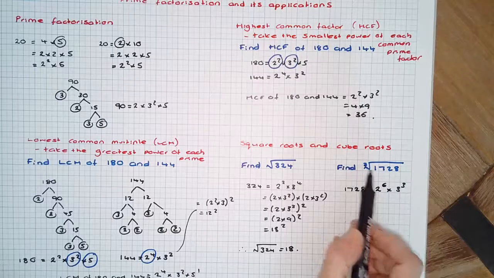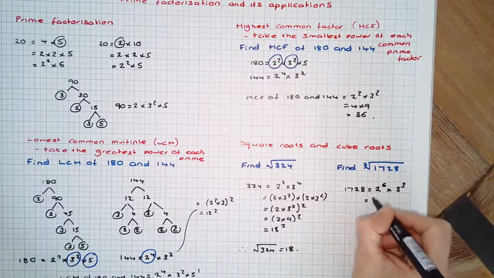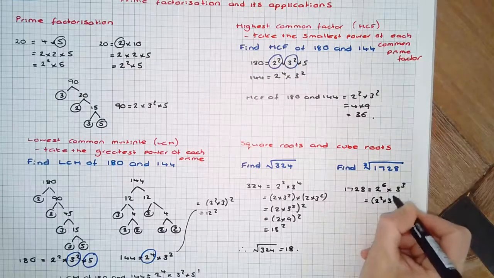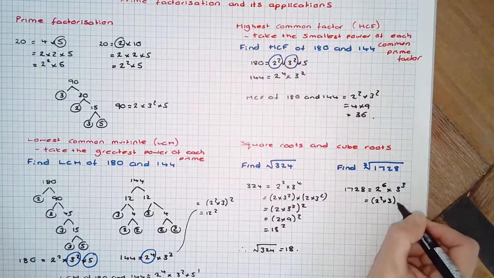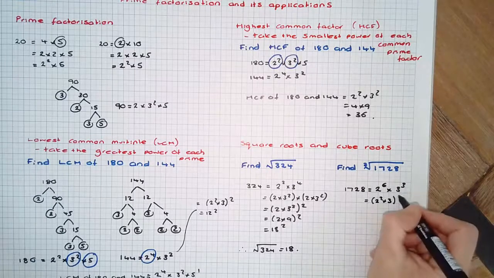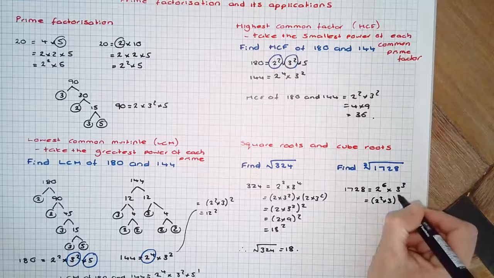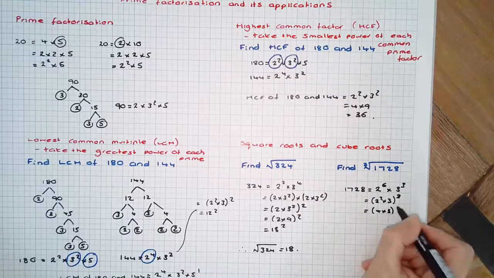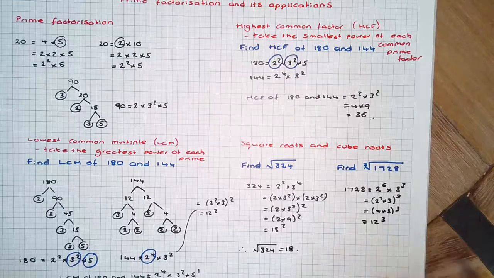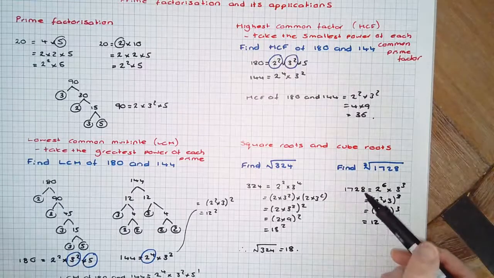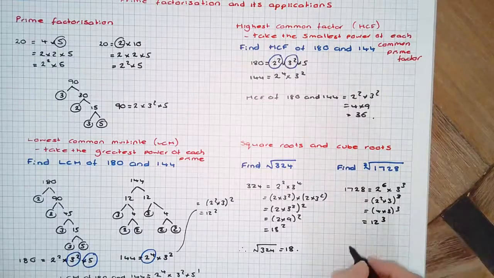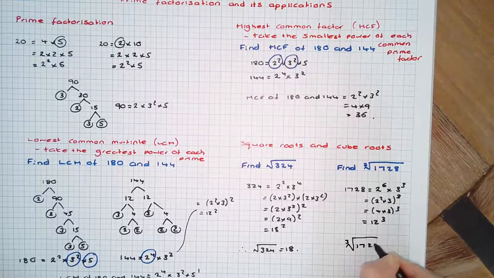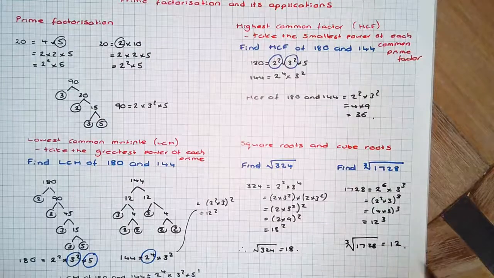So we could write it as 2 squared times 3 times 2 squared times 3 times 2 squared times 3. I've run out of room here, so I'm just going to write it as 2 squared times 3 cubed. That is 4 times 3 cubed, which is 12 cubed. Knowing that 1,728 is 12 cubed, we can then write the cube root of 1,728 is 12.